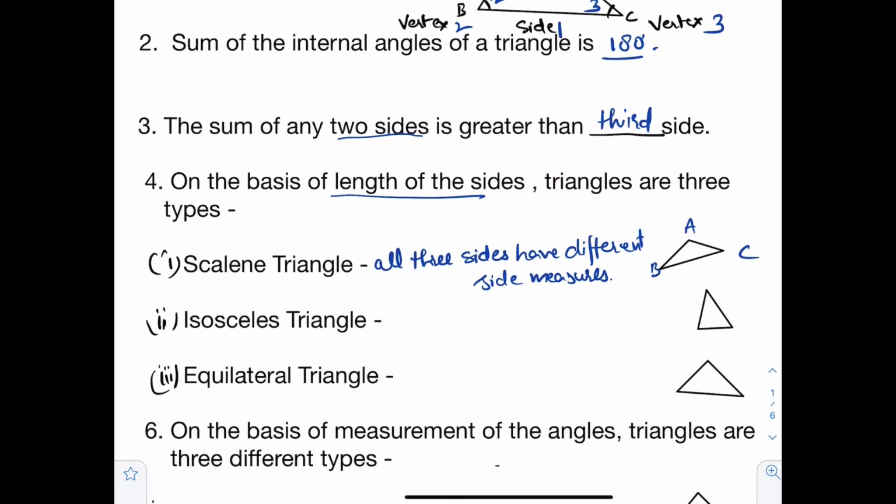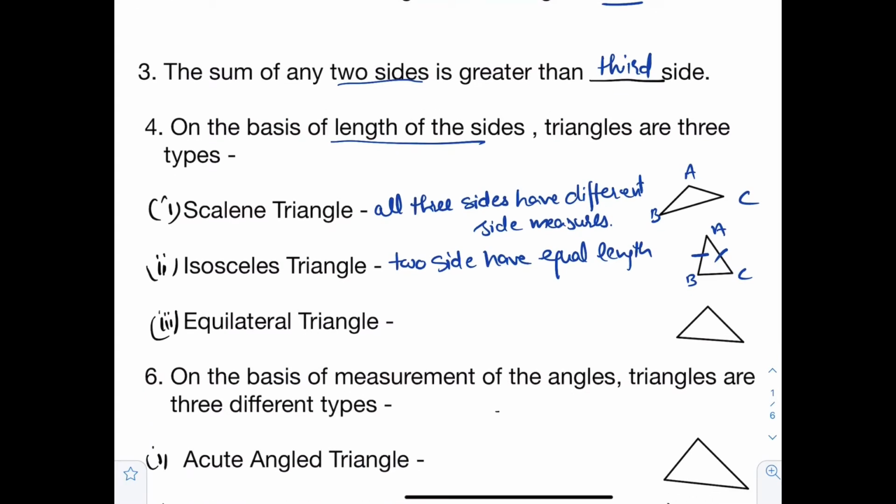Isosceles triangle. Isosceles triangle means two sides have equal length. Suppose this ABC is a triangle, so AB equal to AC. So those sides are equal in length. Now next one is equilateral triangle.